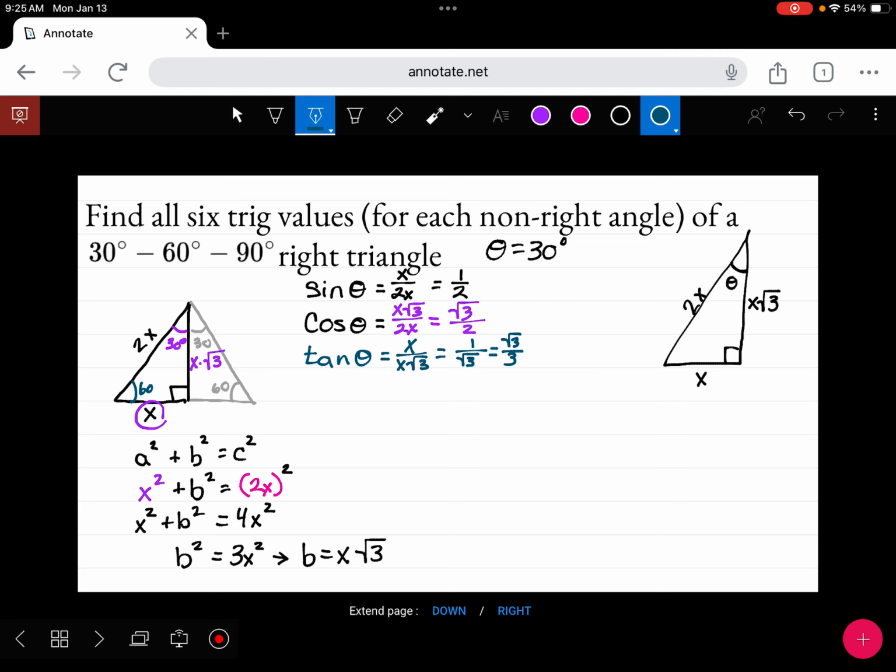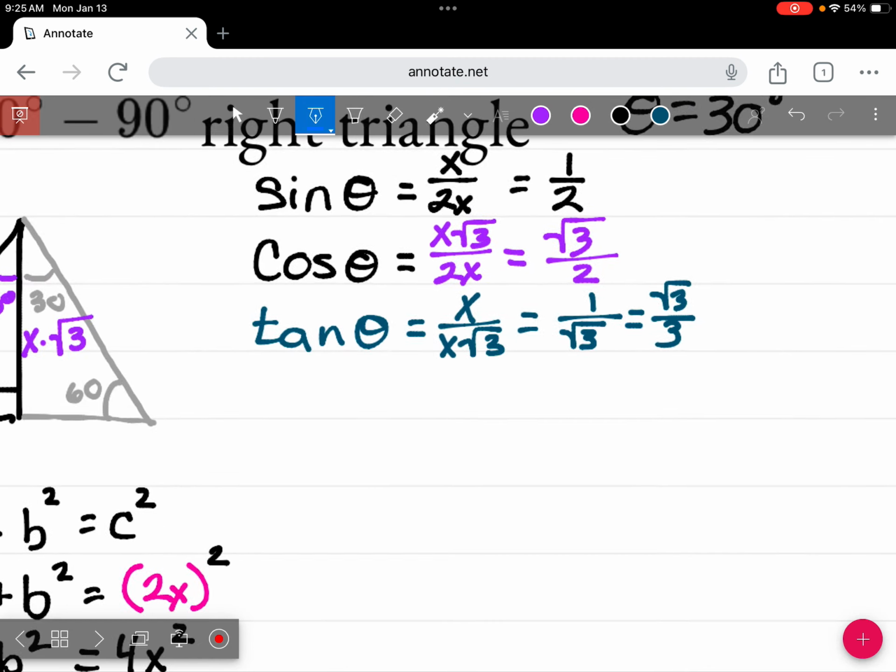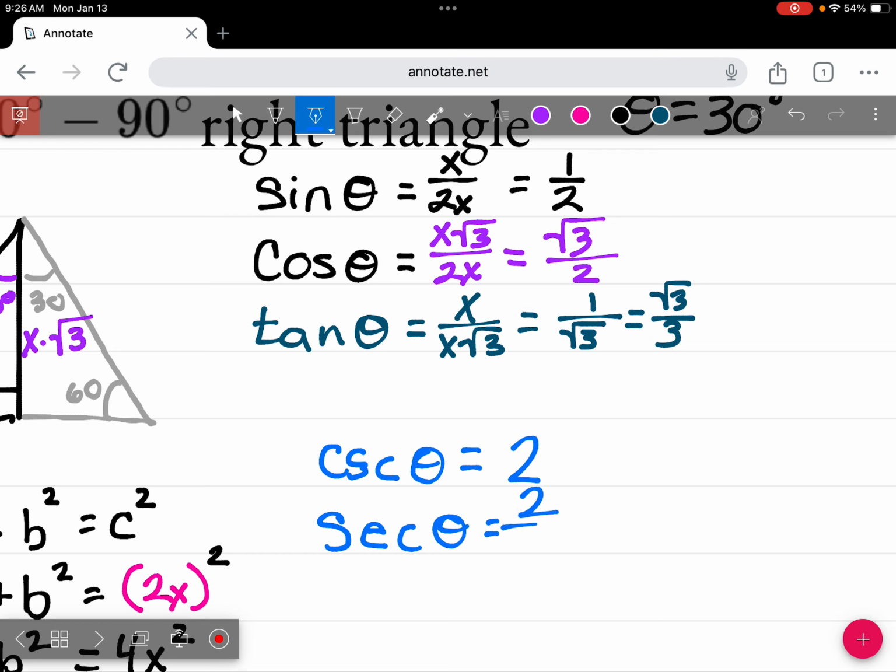Questions on those first three? Okay. So then let's do our reciprocal pieces. Our cosecant of theta is going to be what? 2 over 1. I'm just going to put it as 2. Our secant of theta is going to be what? 2 over square root of 3.